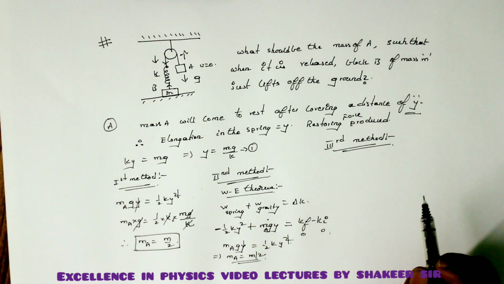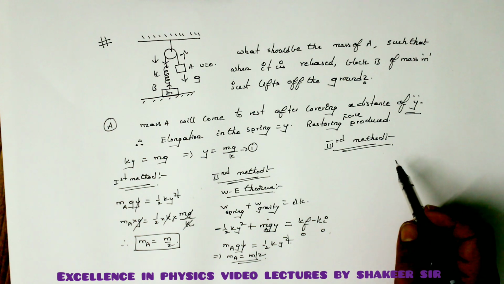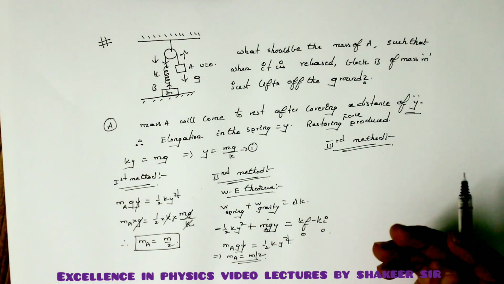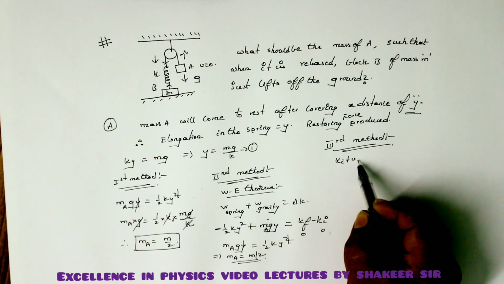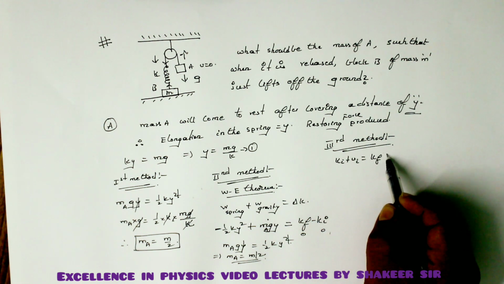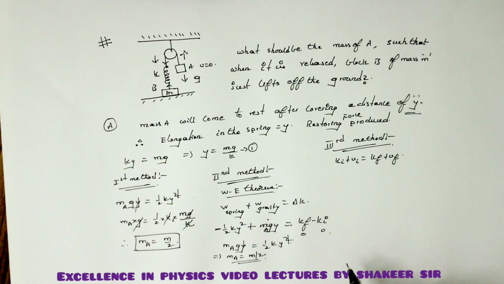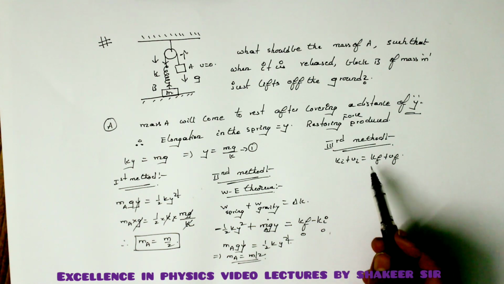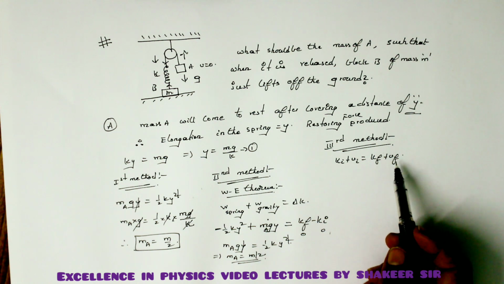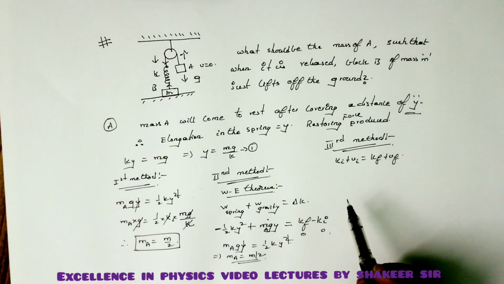So here we can use the law of conservation of mechanical energy. So what is the law of conservation of mechanical energy? K initial plus U initial is equal to K final plus U final. Initial kinetic energy plus initial potential energy must be equal to total final kinetic energy plus final potential energy.